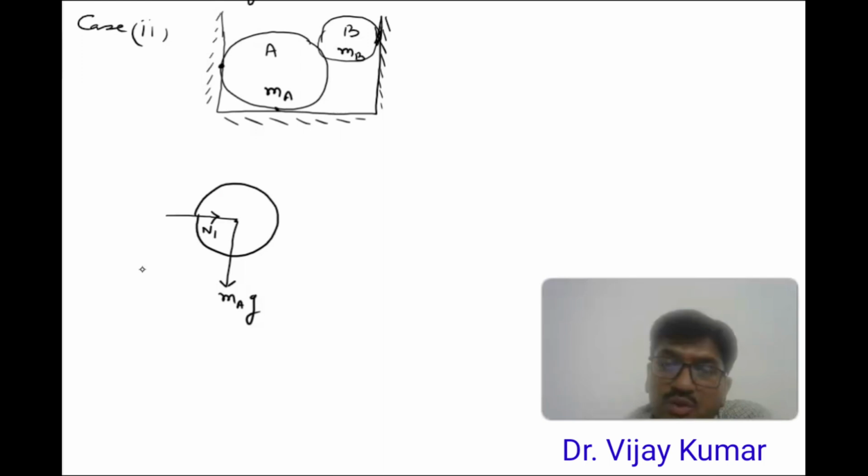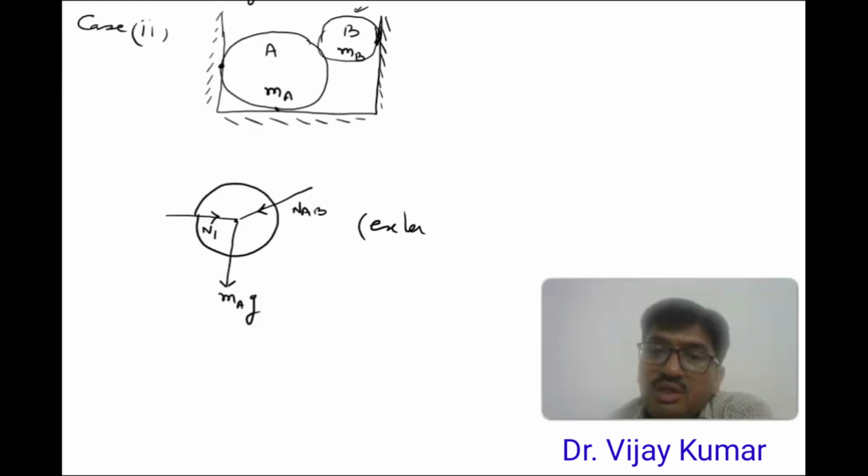Suppose this is normal N1, and due to sphere B, a normal force should work in this direction, and we can take it as NAB, normal from B to A, NAB. This is the force exerted by B.